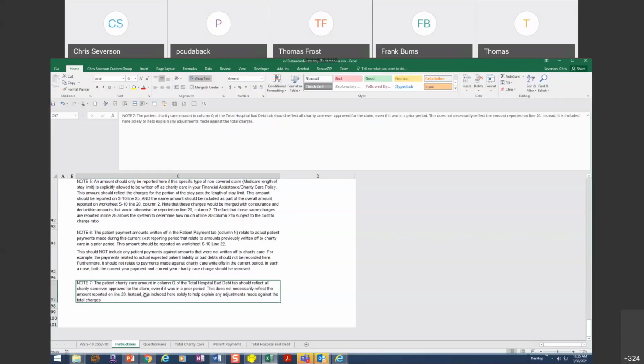So you might have approved 50% for charity care, you expected payment on the other 50%, and you waited 120 days or maybe several months after that, and they still didn't pay, so you might decide to write that off as a bad debt. That's what this is reporting. So that note is very important there as well.